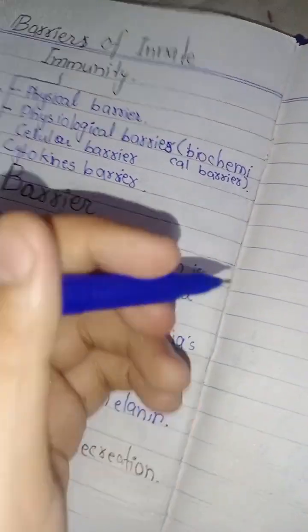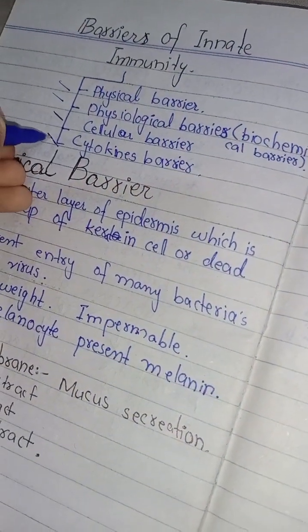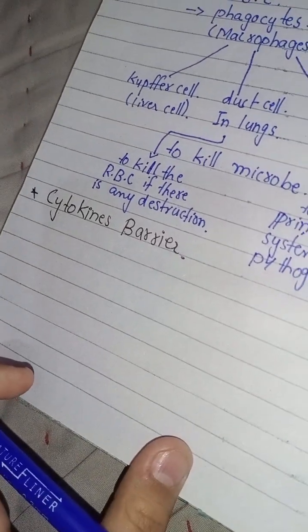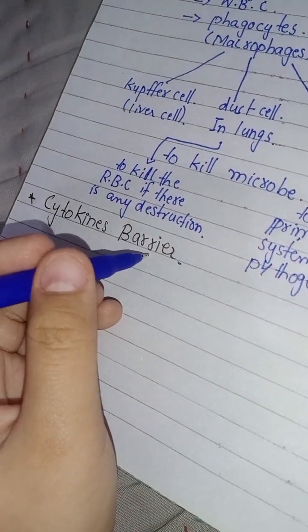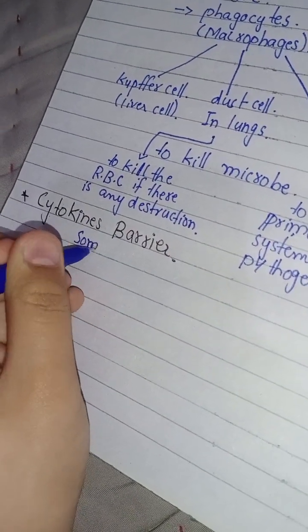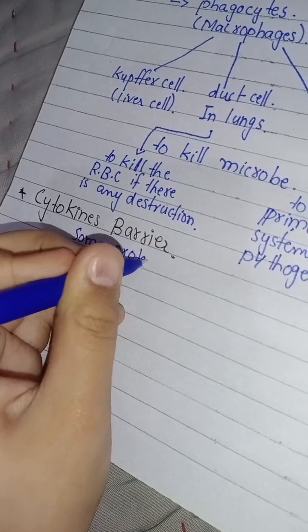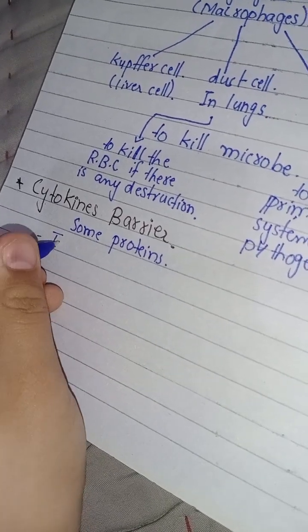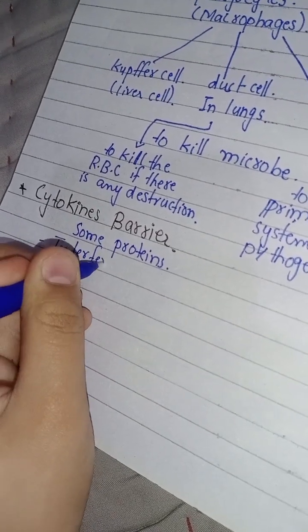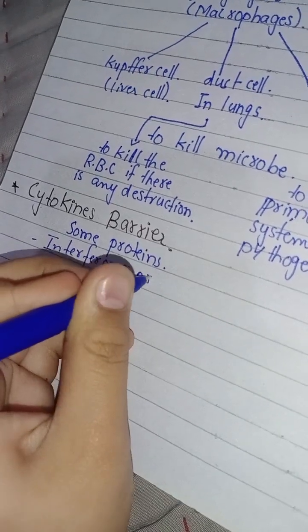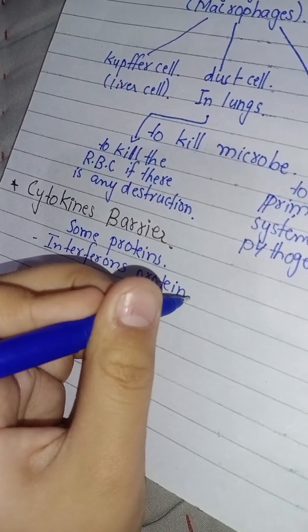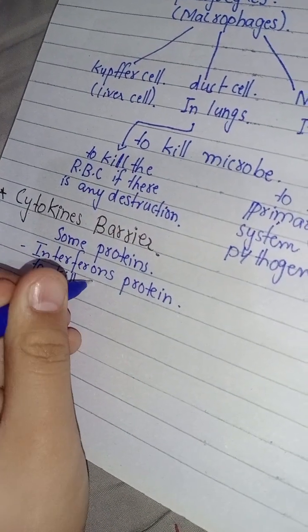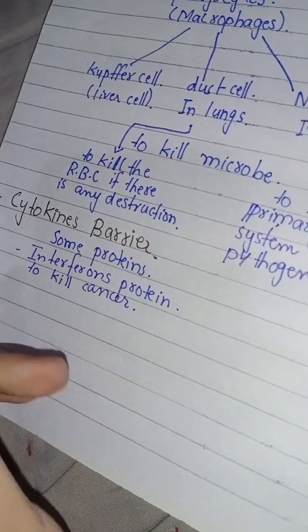Our fourth one is cytokine barrier. Now the cytokine barrier has some proteins like interferons, which protect against viruses and cancer.